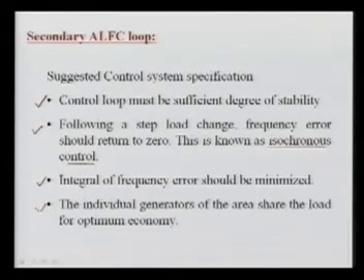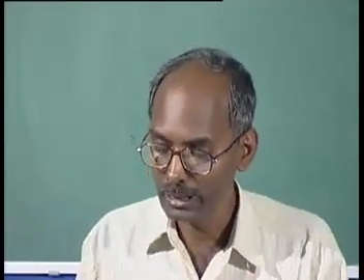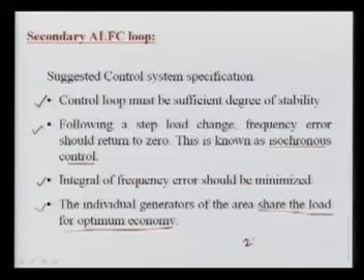So the individual generators of an area should share the load for optimum economy, meaning we have to change the loading. Suppose the load of 20 megawatt is increased, then we have to share this load among the various generating stations so that we can achieve the minimum cost of generation, meaning economic load dispatch must be done.